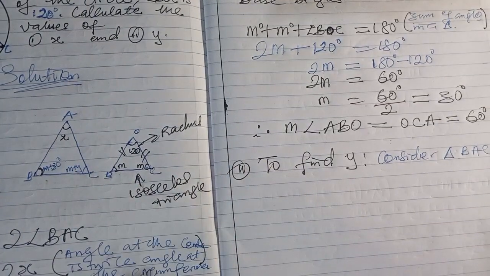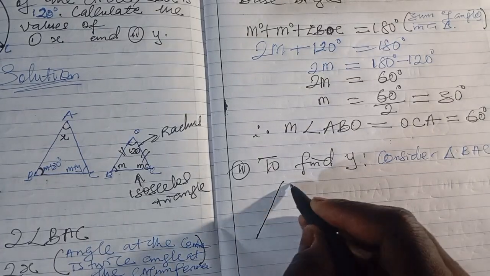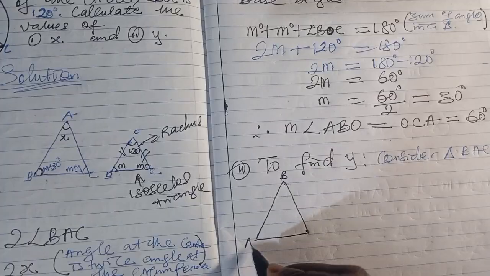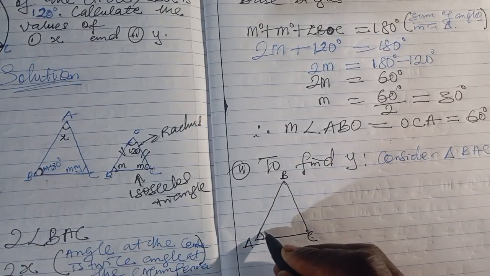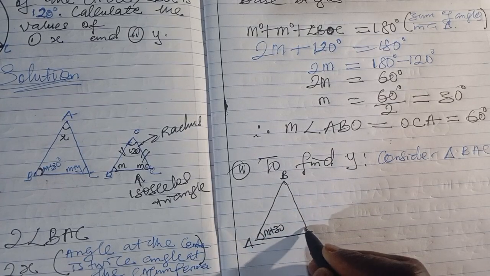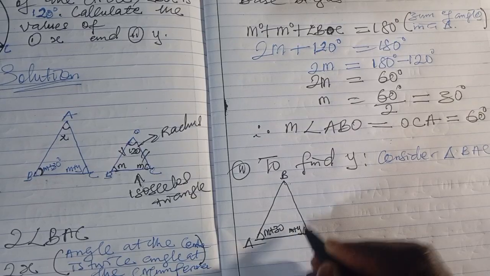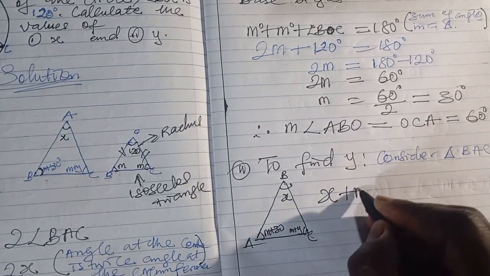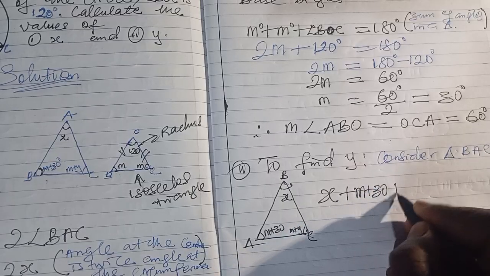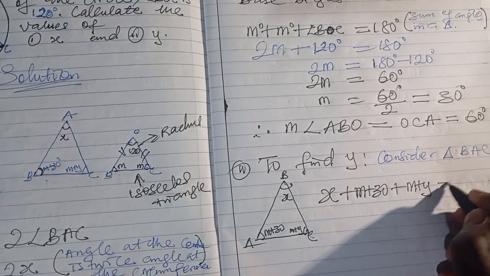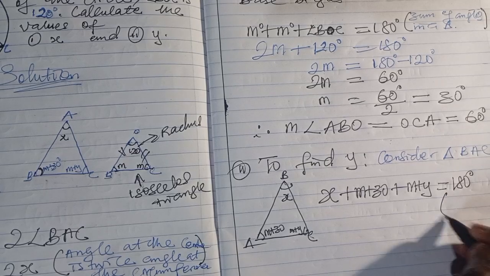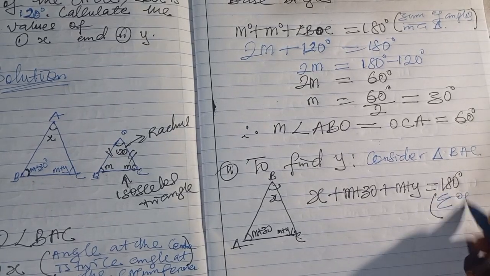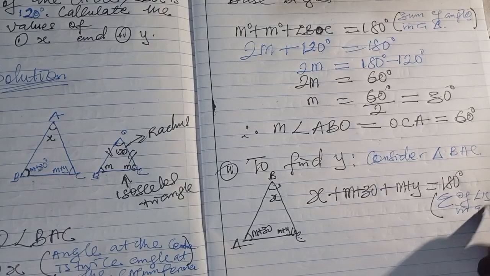We're going to consider this triangle. This is BAC. So this is m plus 30, m plus y, and x. So we have x plus m plus 30 plus m plus y should give us 180 degrees. Our reason is sum of angles in a triangle.